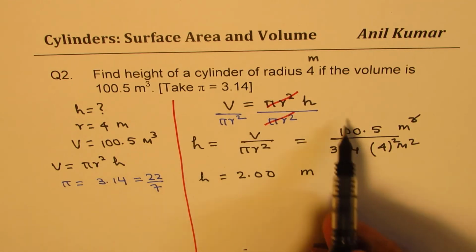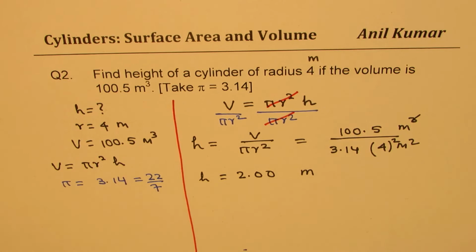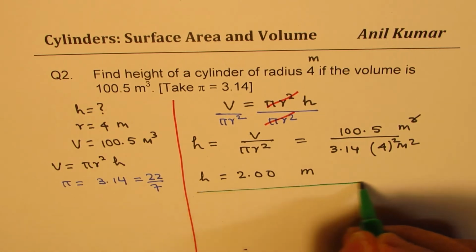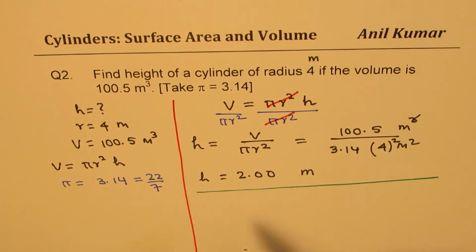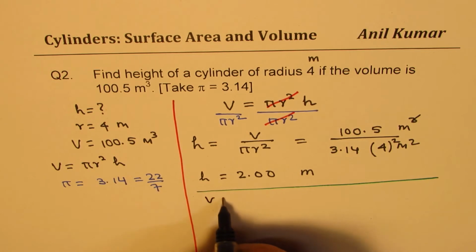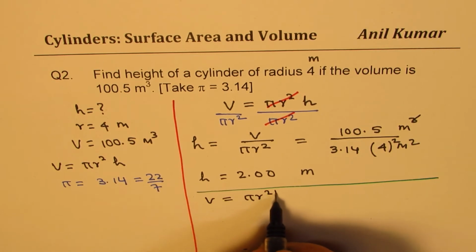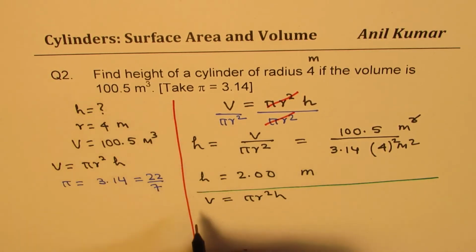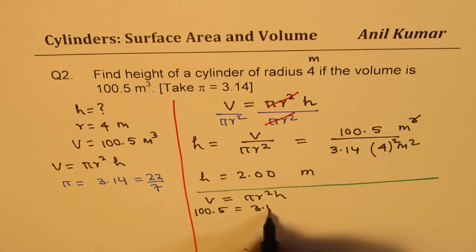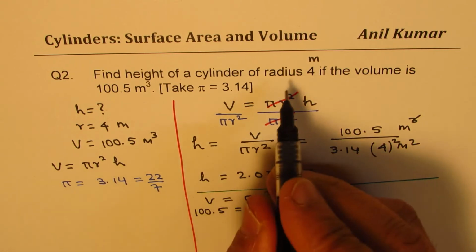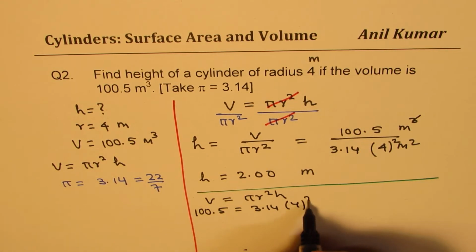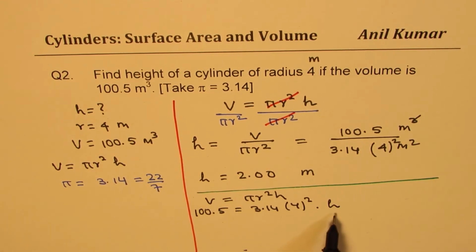That is by rearranging this formula. Well, if you're not rearranging, substituting the direct values can also help. So we have volume is pi r square h. Volume is 100.5. You could write like this, equals 3.14, radius is 4 squared, right? And height. So now you need to find height. So height should be how much?